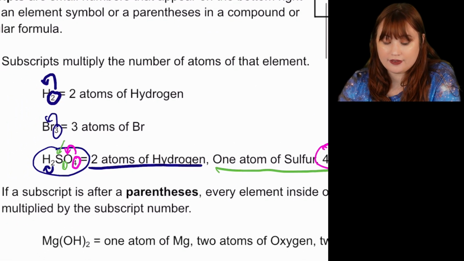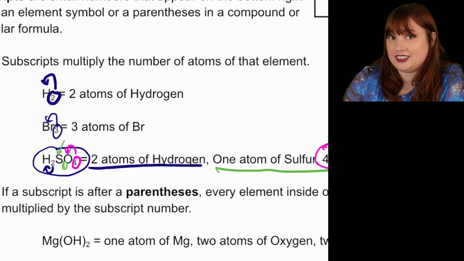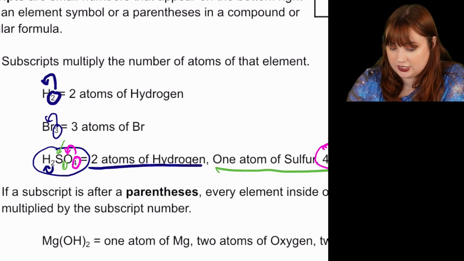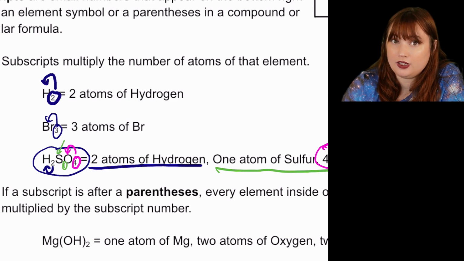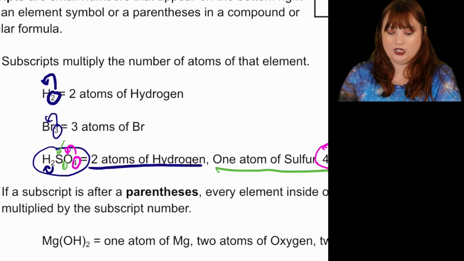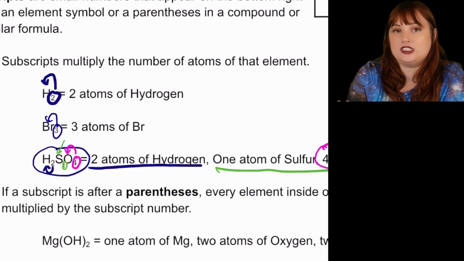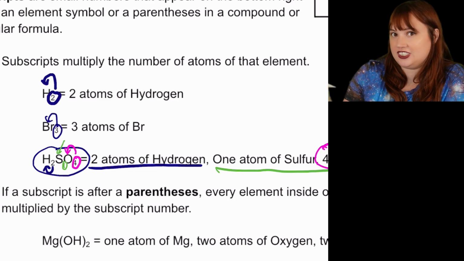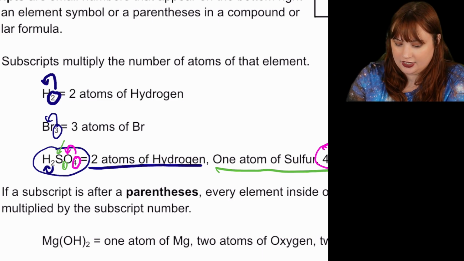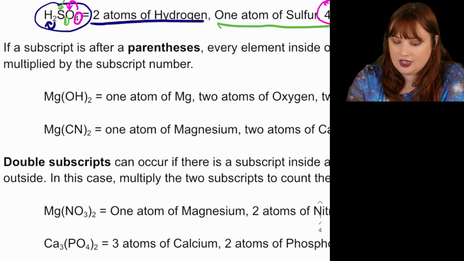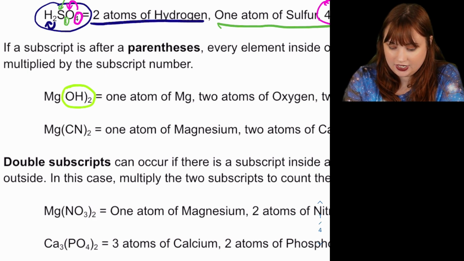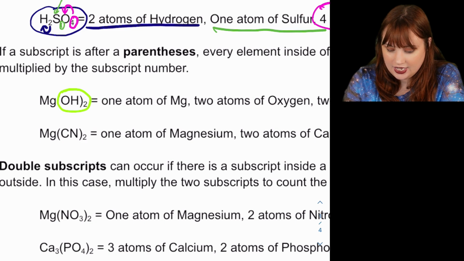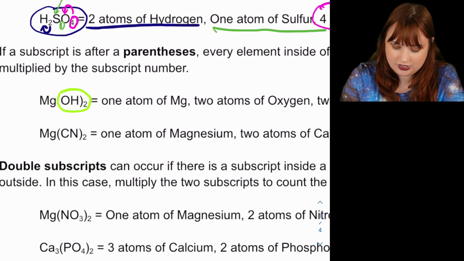Now, we can also have a situation where there are parentheses in molecular formulas. You may have seen these before, and you may already know what polyatomic ions are. So these are groupings of elements that go together in an ion. They're stuck together, they're chemically bonded, and they can have a subscript that affects the whole thing. That would look like this right here, where we have a parentheses and this number 2 on the outside of it.